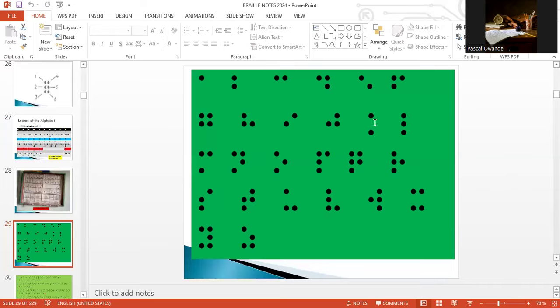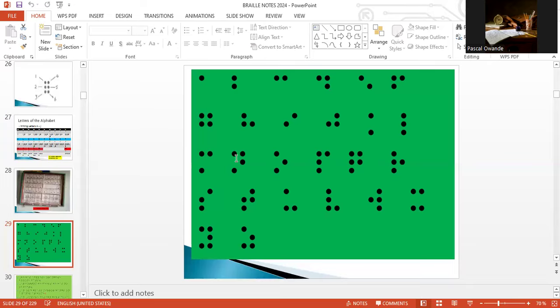Followed by letter K, dot 1, dot 3. Followed by letter L, dot 1, dot 2, dot 3. Followed by letter M, dot 1, dot 3, dot 4.